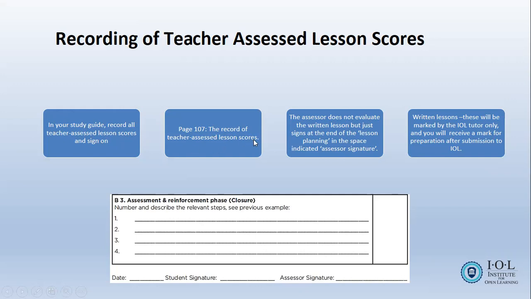The assessor does not evaluate the written lessons, but just signs at the end, and can give a possible grade there, but not to mark it; guidance can be given as to where you need to improve. That can be done verbally. So written lessons will be marked by the IOL tutor only, and you will receive a mark for the presentation after the submission to the IOL.